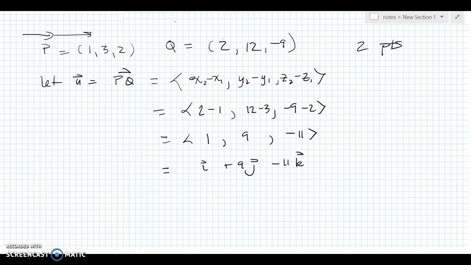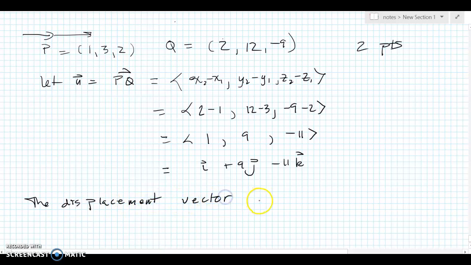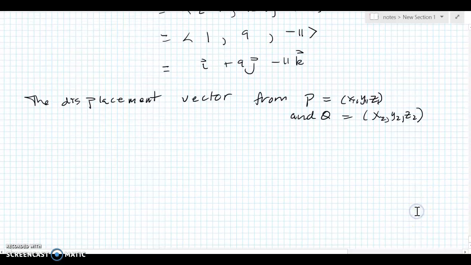So the displacement vector from P, equals x, y, z, and Q, which equals, let's do x1, y1, z1, and x2, y2, z2, which is because I got it exactly up there, okay, is u equals PQ.